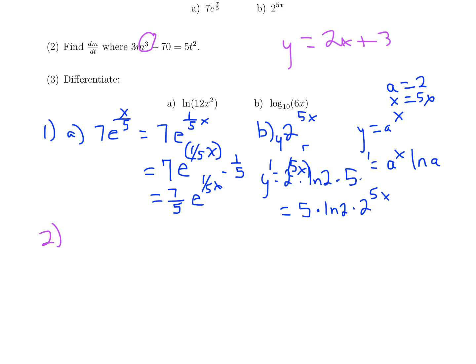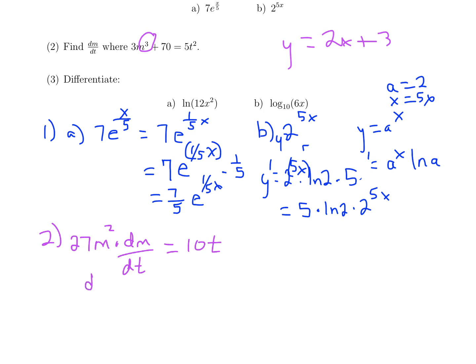The alternative is to use implicit differentiation. So every time that I take the derivative of something that doesn't have a t in it, I'm going to have to multiply in my dm dt, or whatever variable I have, dt. So it would look like this. I would go 3 times 3 is 27, m squared times dm dt, and then 70 doesn't have a derivative, it's just 0, and then I would have 10t on this side, and it's already in relation to t, so I don't need a dt or anything like that, and that would just be 1, right?